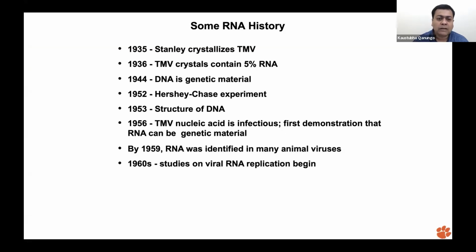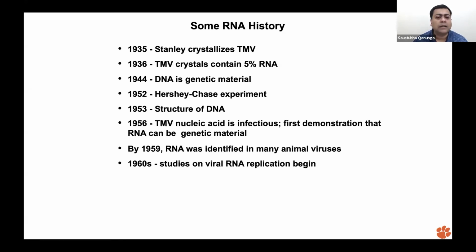So the first thing is a little bit of history. You do not have to memorize this; it is just to put things in perspective. In 1935, Wendell Stanley crystallized the tobacco mosaic virus and found that it contained about 5% RNA. So close to 90 years ago, this was being done.